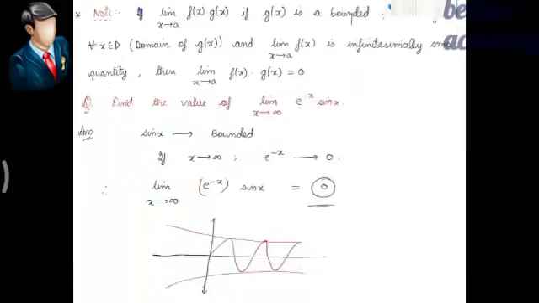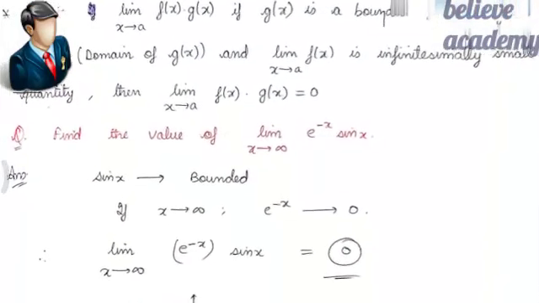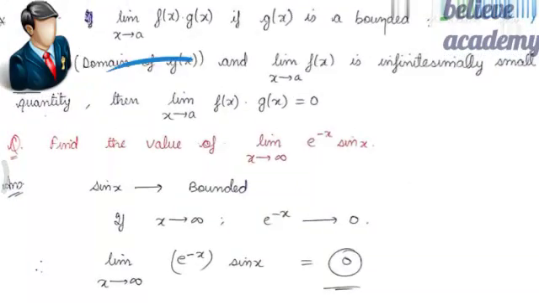Okay. Now what is a very important note which I wanted to discuss here, that limit x tending to a. These types of questions are very important from an advanced point of view. If we have been given the multiplication of two functions f of x and g of x, so limit x tends to a, if g of x is a bounded function for all the values of x belonging to the domain of g of x, and limit x tends to a f of x is infinitesimally small.